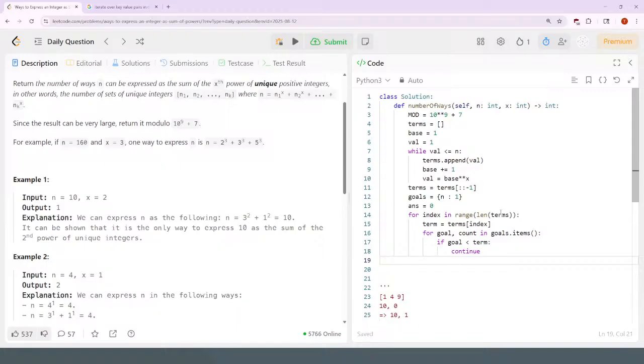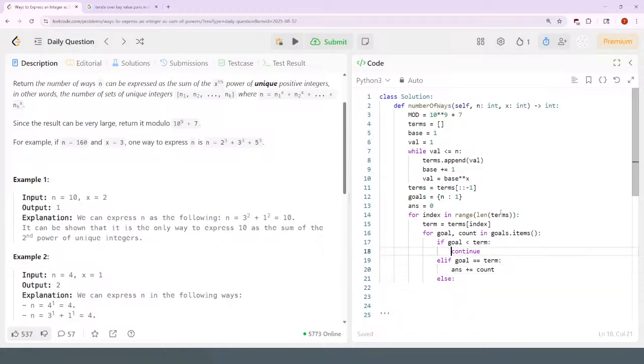Else, if the goal is equal to the term, then this counts as an answer. If I were to subtract this term from the goal, so answer plus equals the count, the number of times this occurs.